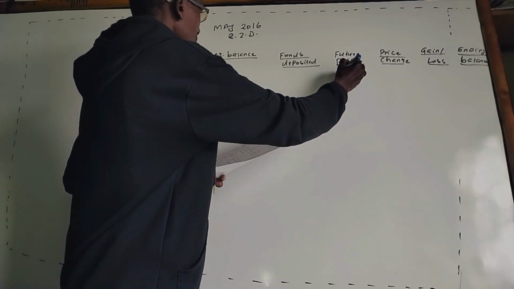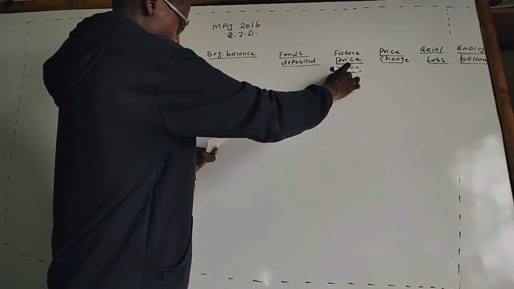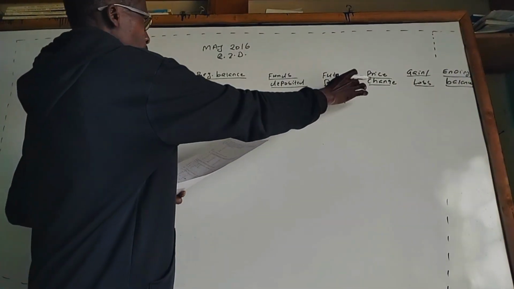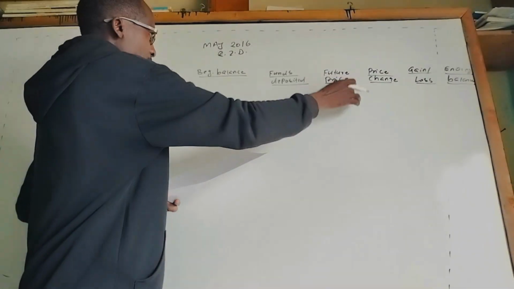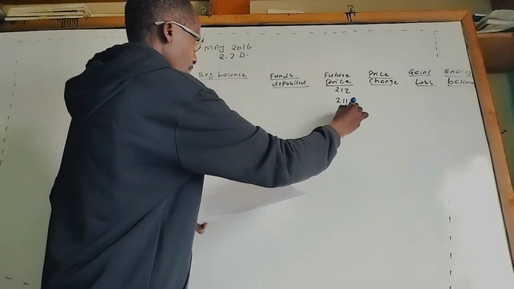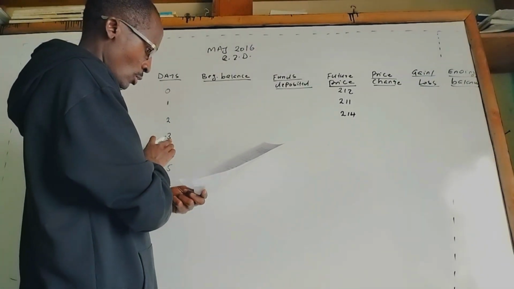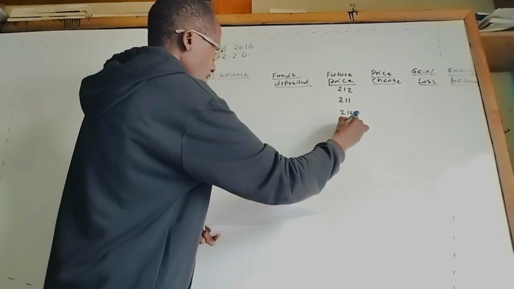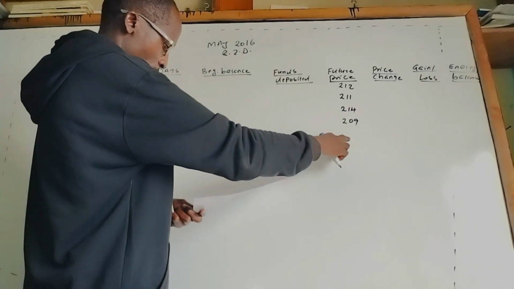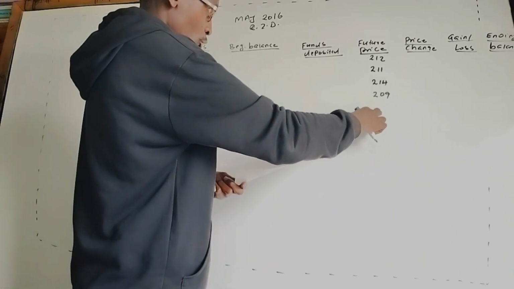We have 202, then 211, for year 1. It's for 0 period. Then we have 214 by the second. Third, we have 209. And then fourth, we have 209.